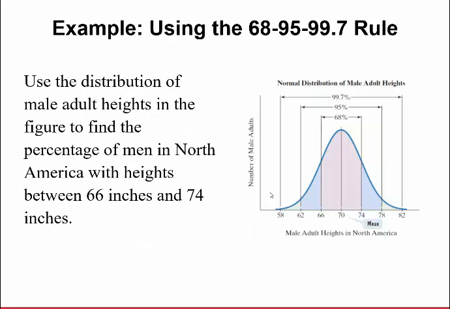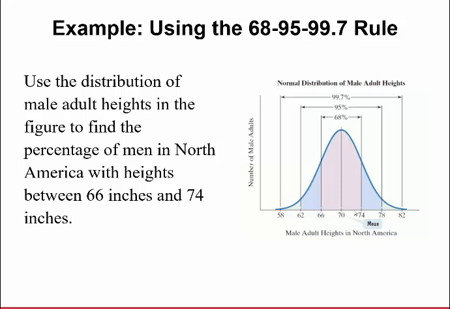All right, so let's talk about using this 68, 95, 99.7 rule. Let's use the distribution of male adult heights in the figure to find the percentage of men in North America with heights between, let's say, 66 inches and 74 inches. Well, the mean is 70. If you subtract 1 standard deviation, which is 4 inches, you get 66. If you add 1 standard deviation to 70, you get 74.